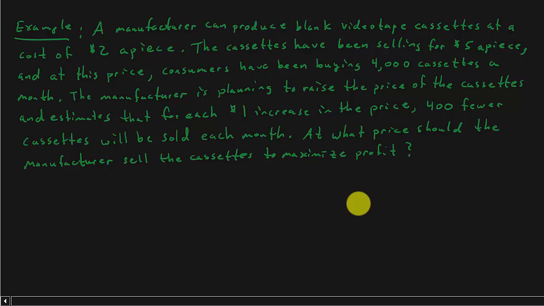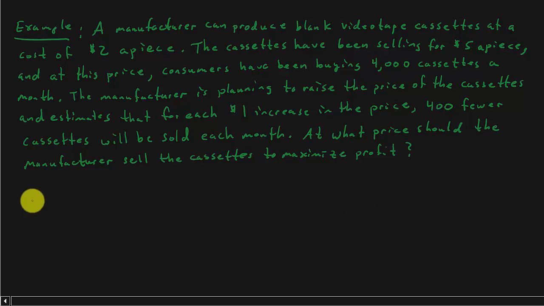All right, so these problems can be kind of tricky to set up. So it's asking us at what price should the manufacturer sell the cassettes to maximize profit. So that's what we're wanting to know. What's the new price we should charge?